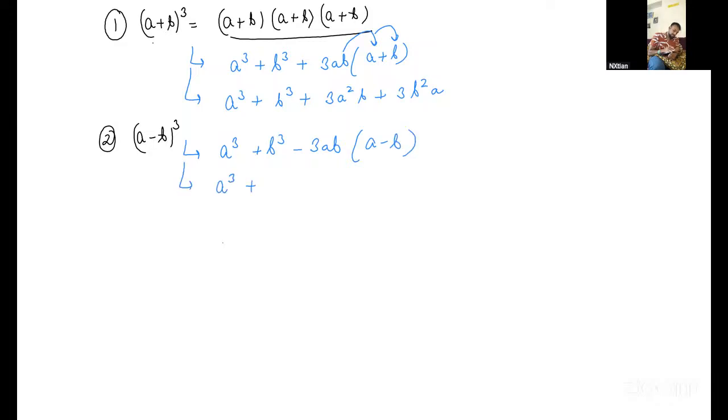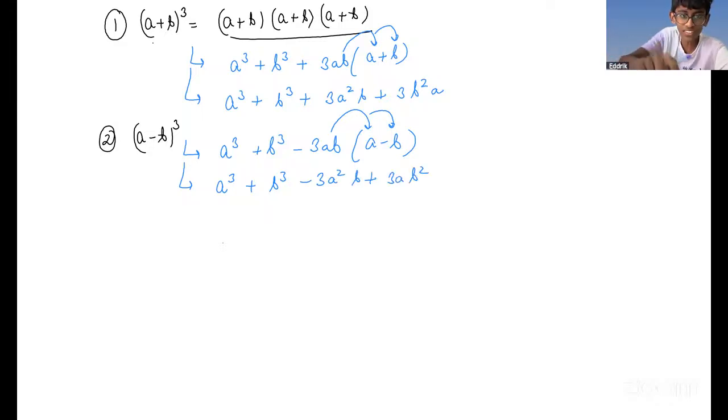So again, I will multiply with both the signs. It becomes minus 3a square b plus 3ab square. No, sir, it should be a cube minus b cube, not plus b cube. Yeah, sorry. Good. Understood, guys? Joshua, Sam, Ida.